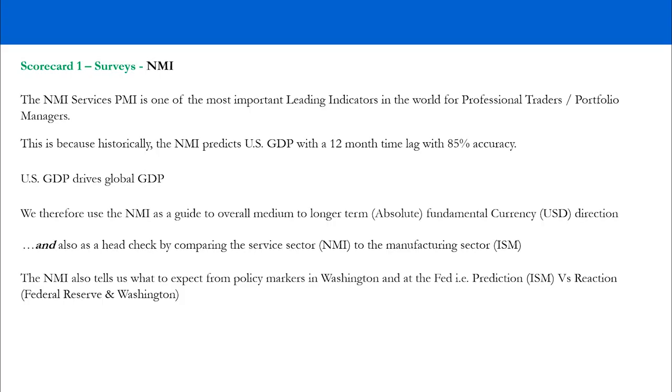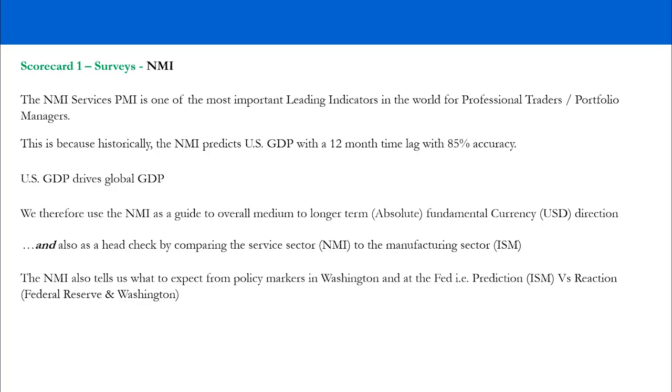Although the data only goes back to 2008, it's a very leading indicator, and it gives 85% accuracy in terms of a 12-month time lag in leading the economy. This is why we look at it in exactly the same way as the ISM, because US GDP is predicted by it with 85% accuracy, even though the data only goes back to 2008.